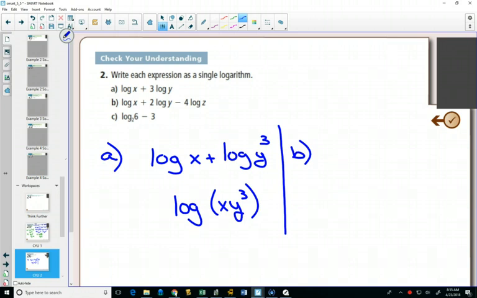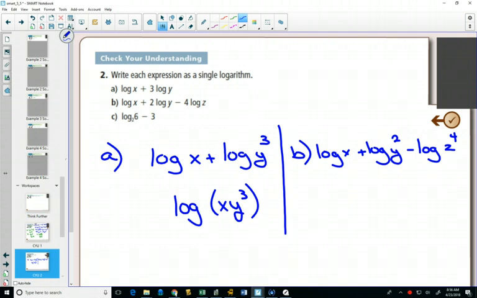And so the first thing I'm going to do is put those numbers in as exponents. So that 2 will go in as an exponent and become y squared, and the 4 will go in as an exponent as z to the 4. And now I could combine the first 2 together because I have a log plus a log. I could combine the last ones together because I have a log minus a log.